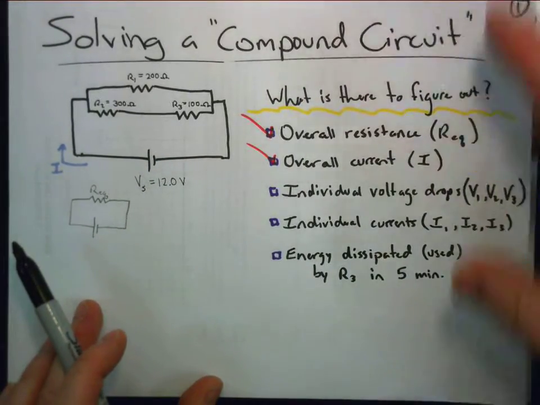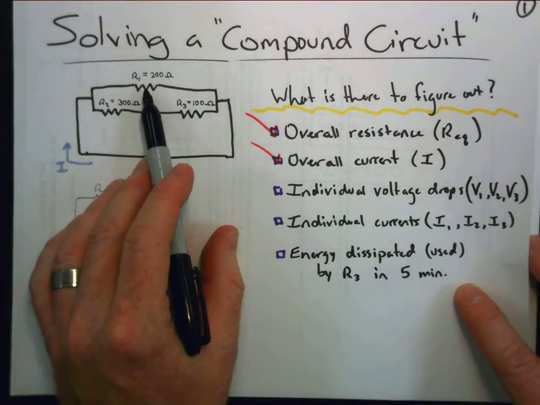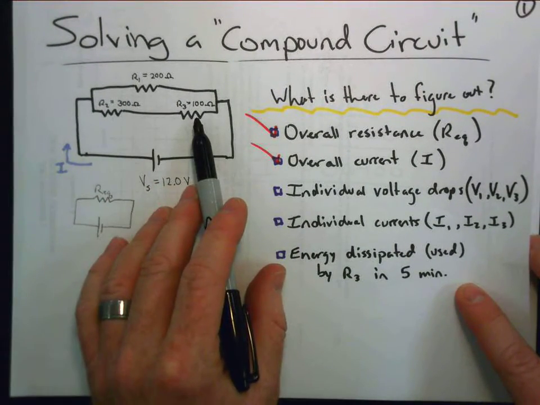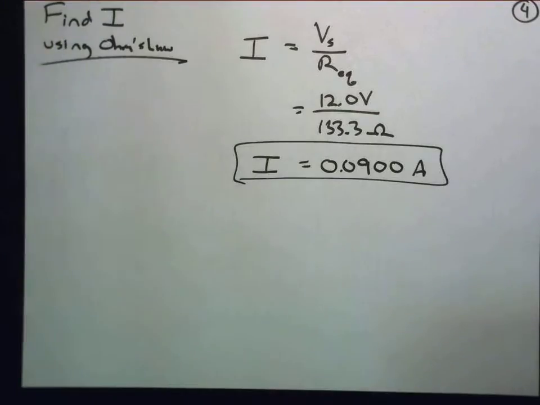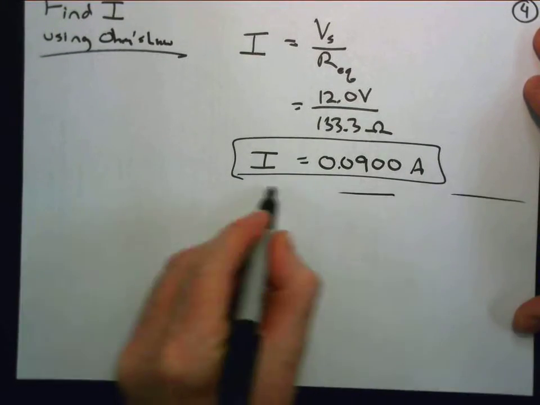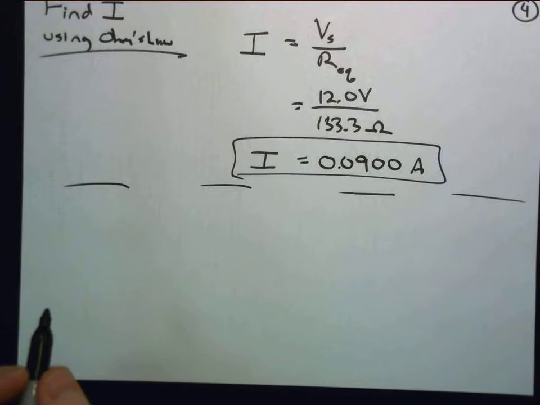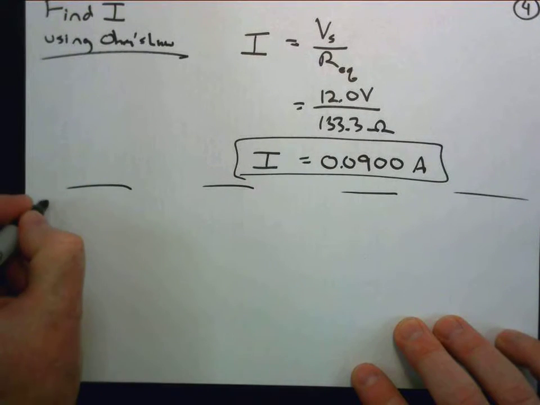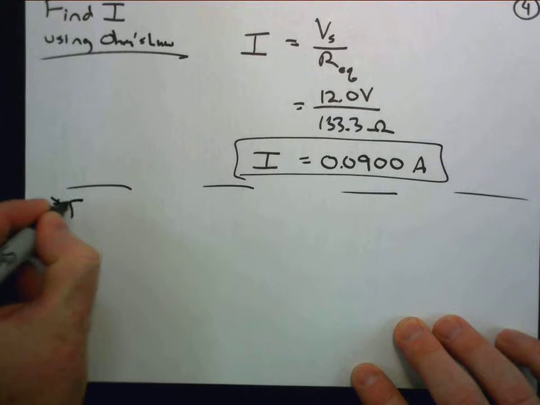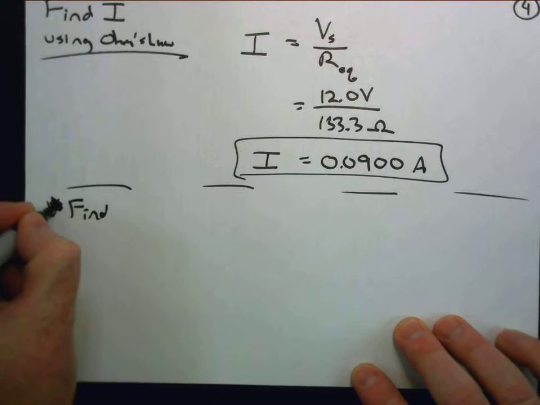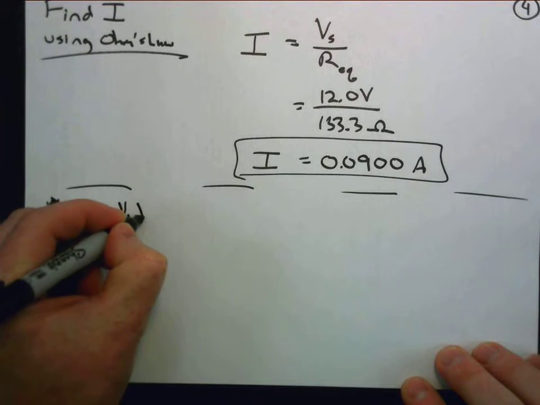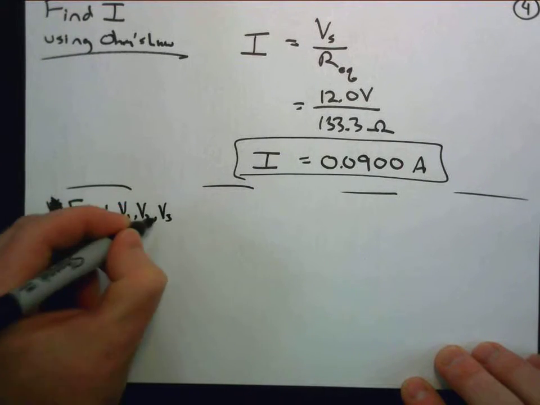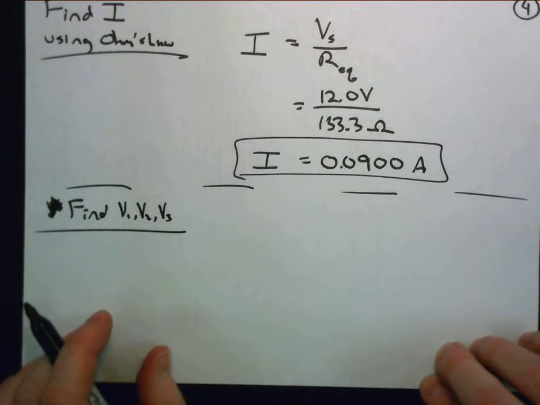So I need to figure out each one: the voltage drop across R1, across R2, across R3. That's what V1, V2, V3 represent. So that is the next thing. Find V1, V2, V3. All right.